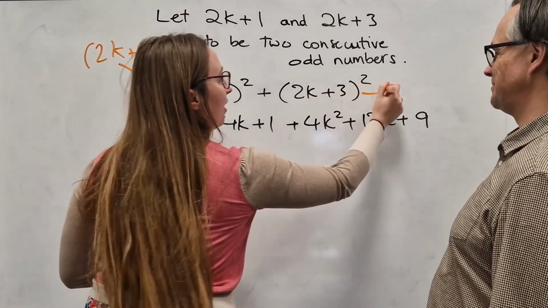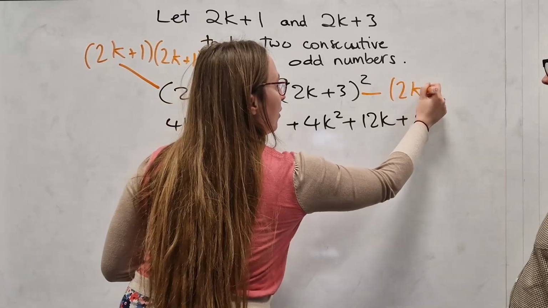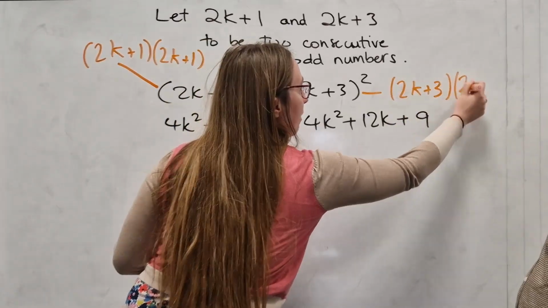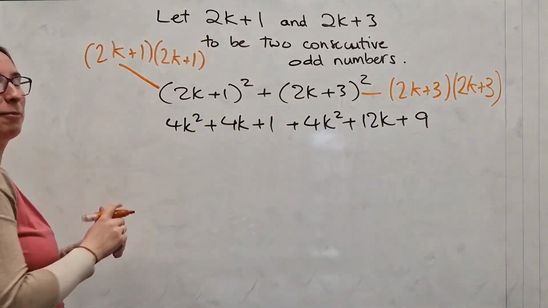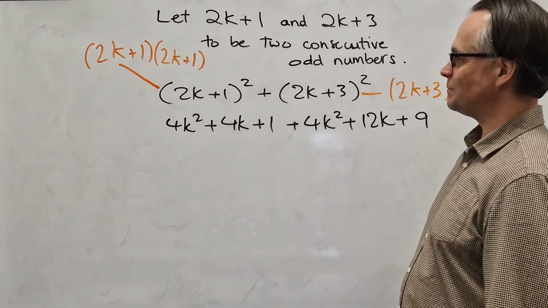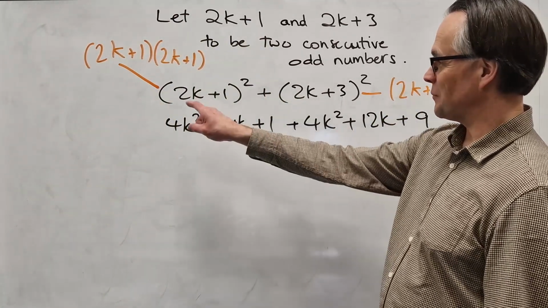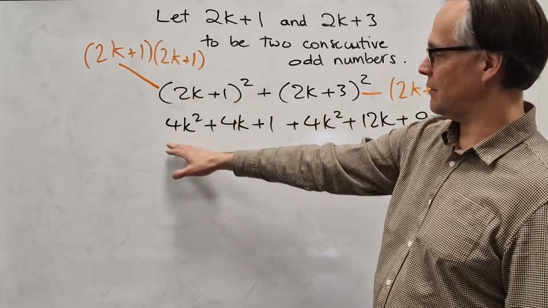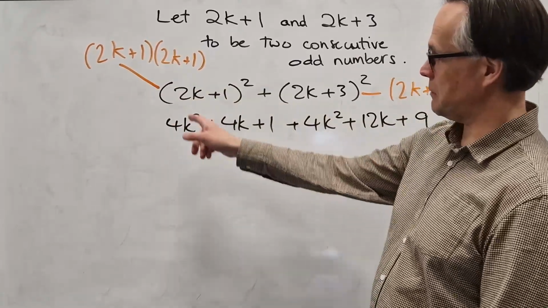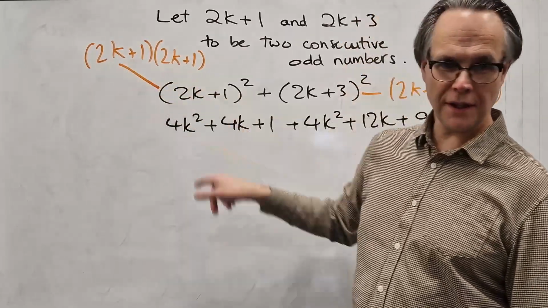And the same here, this is 2k plus 3 times 2k plus 3, because that's what squared means. So expand the brackets out. You've got to be careful. Make sure when you times 2k by 2k, you don't write that 2k squared is 4k squared, when we times the 2 by the 2 and the k by the k.